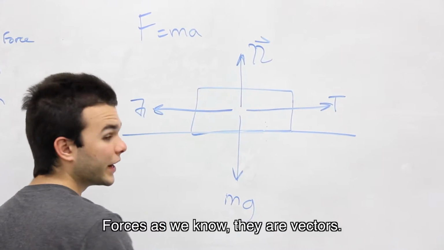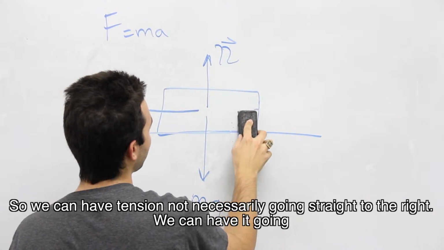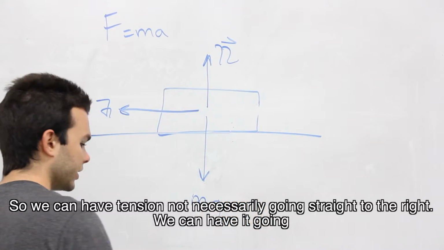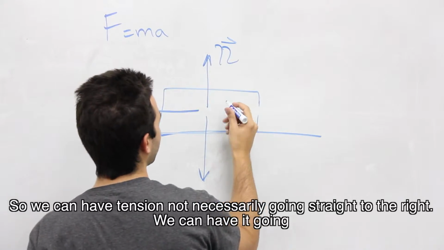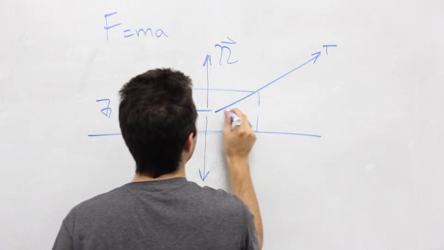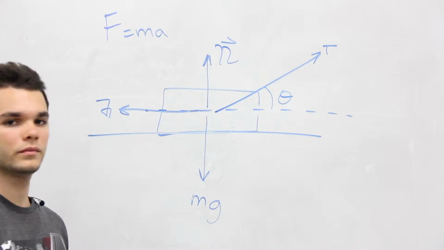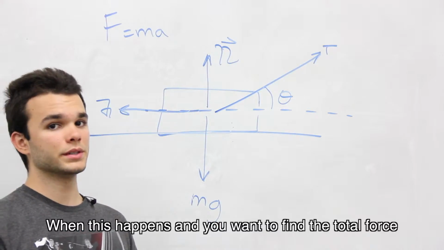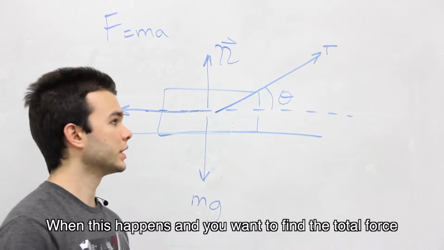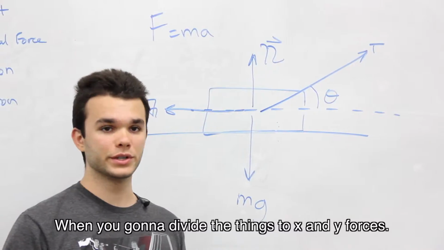Forces, as we know, are vectors. So we can have tension not necessarily going straight to the right. We can have it going at an angle. When this happens and you want to find the total force, you're going to divide the things into x and y forces.